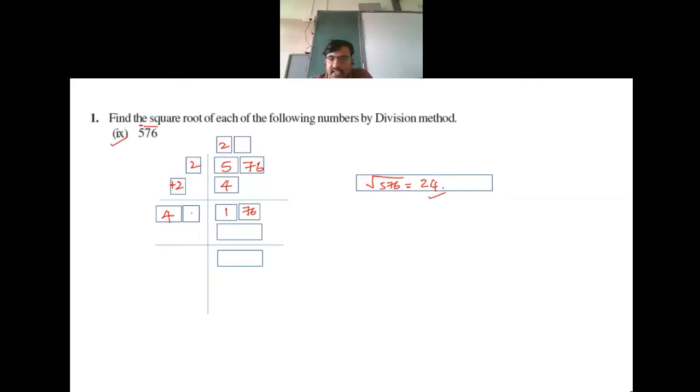You know what should be written here? 4. 4 into 4 is 16. So this is the method. This is very simple. 32 is the answer.